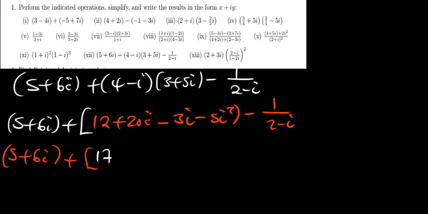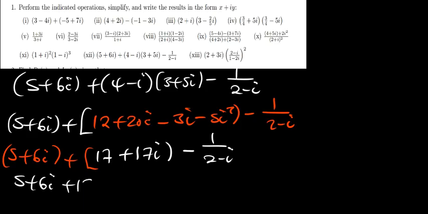Then 20 minus 3 is 17 as well. So it will be plus 17i. Then here I've got minus 1 over 2 minus i. Now I can open the brackets for the first part here. So it will be 5 plus 6i plus 17 plus 17i minus 1 over 2 minus i.